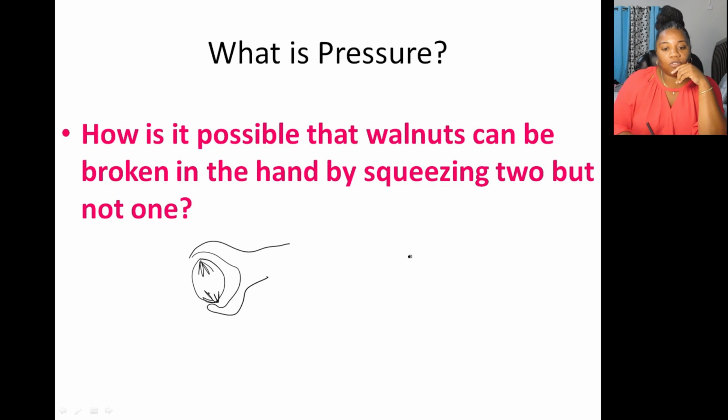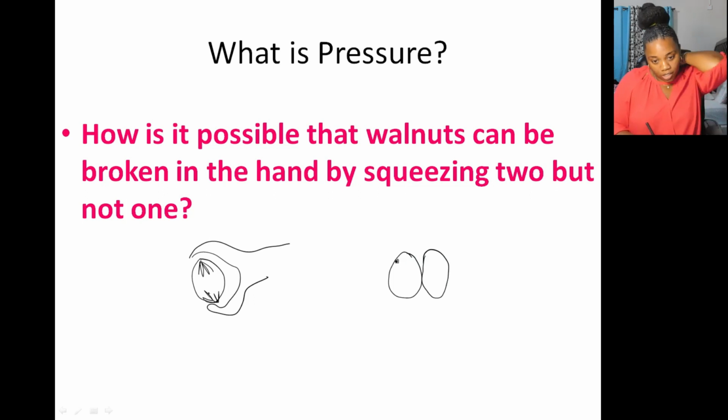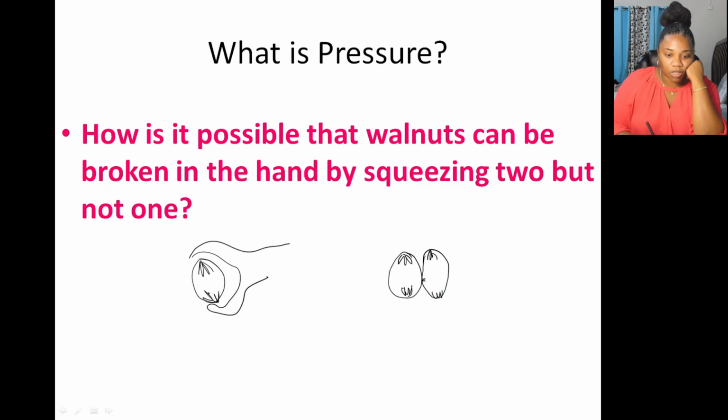However, if you have 2 walnuts inside your hand, now you've created a very small area between the 2, right? And the same force you were applying in the first scenario is now being applied in this scenario right here.